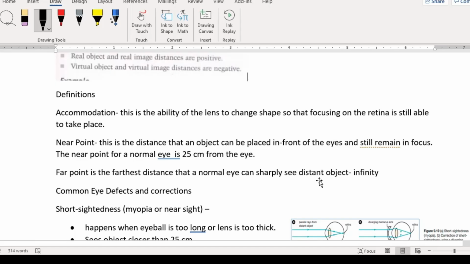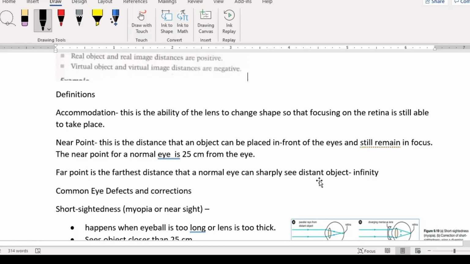Now, there are some eye conditions that force your near point to be larger than 25 centimeters or less than 25. So a person's near point can be shifted, and this is where different lenses come into play to help correct that.